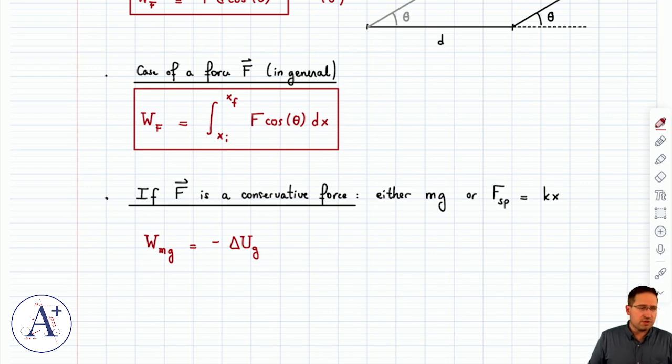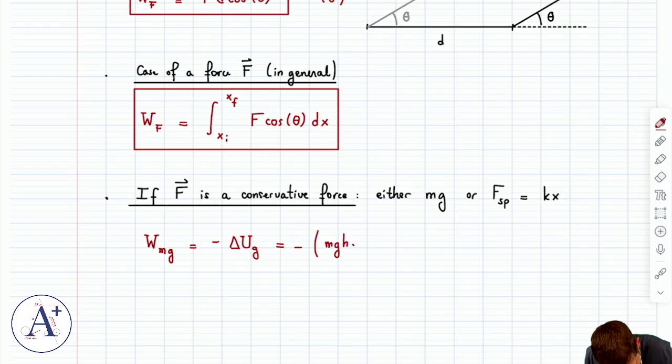It's not a perfect definition, there's a bit more to it than that, but the idea is that it's a force that has a potential energy associated to it. And that's pretty hard to do. Most forces do not fall in that category. But for those that do, and we only need to know about two of them, the weight force and the spring force, the work they do is best computed by computing minus delta U.